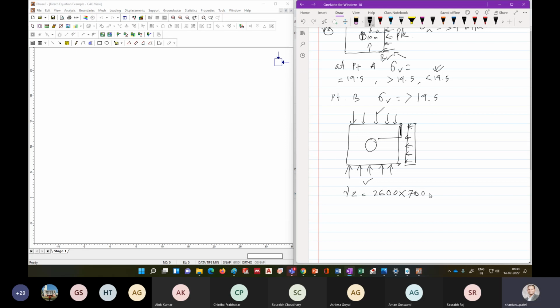What is this value? Anybody? Sir, 18.2 ampere. 18.2 ampere, right?